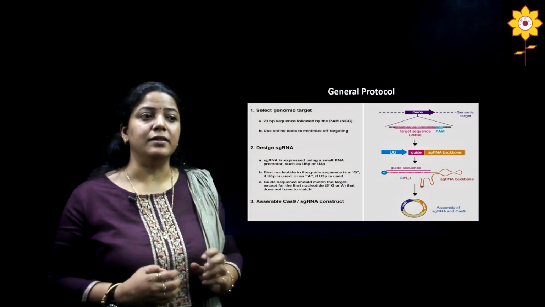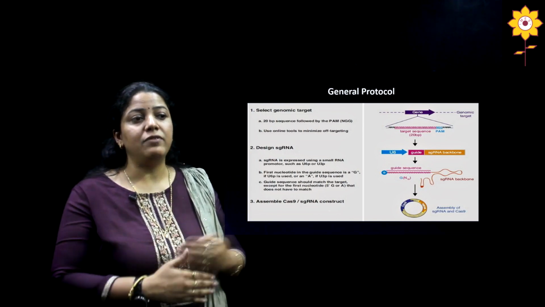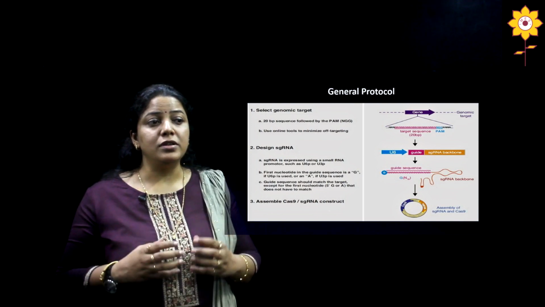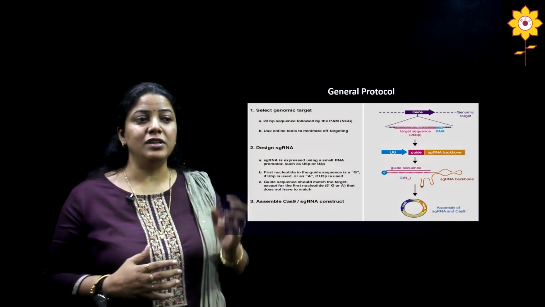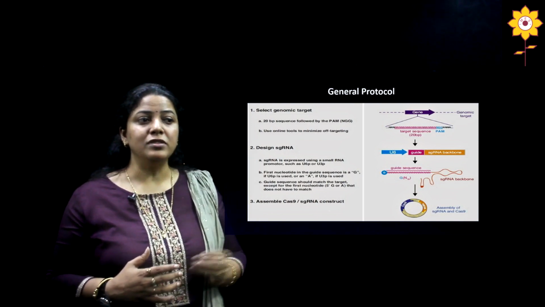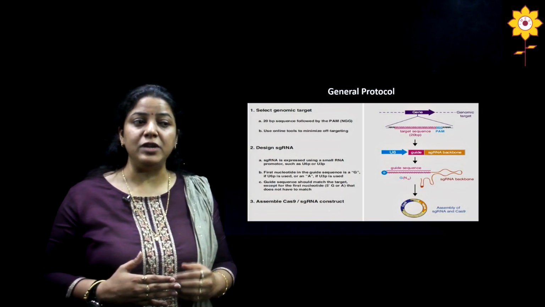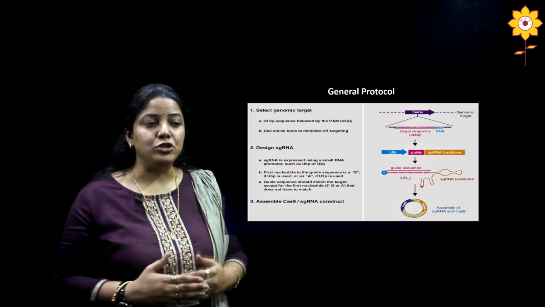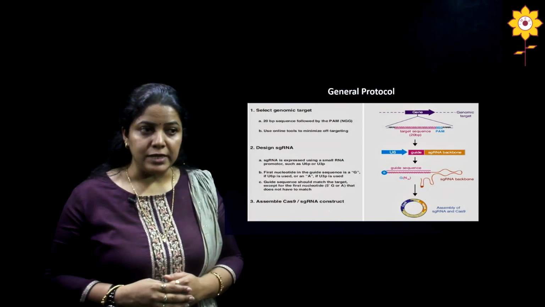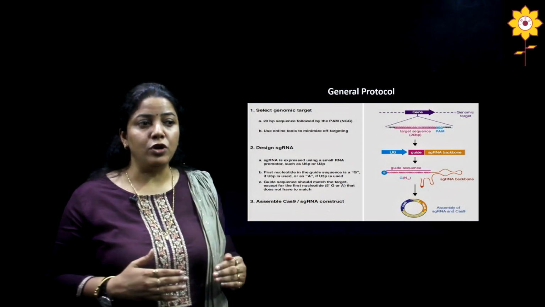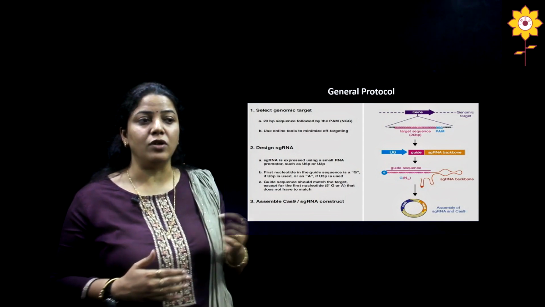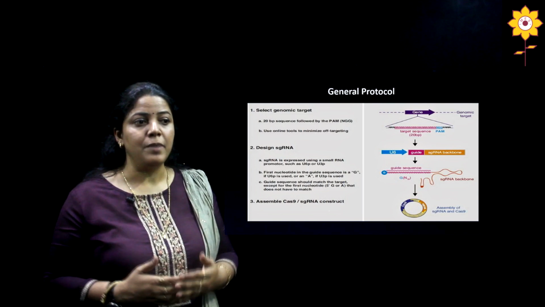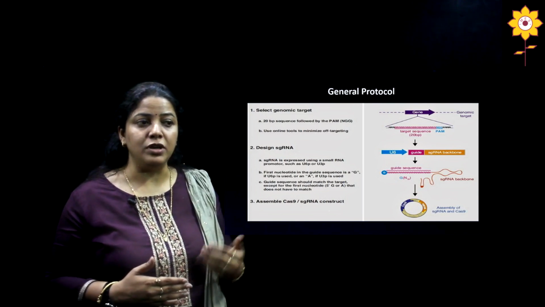Once we have selected this genome target, we will go for designing the sgRNA. This is going to be expressed using small RNA promoters, like U6P or U3P, which are combined together with this particular sequence. The first nucleotide in the guide sequence is always G if U6P is used, and it is A if U3P is used.